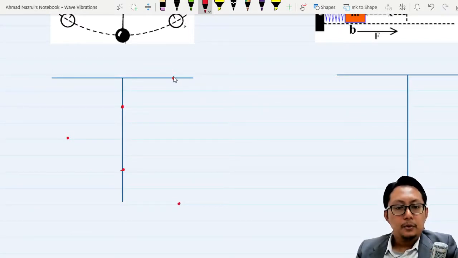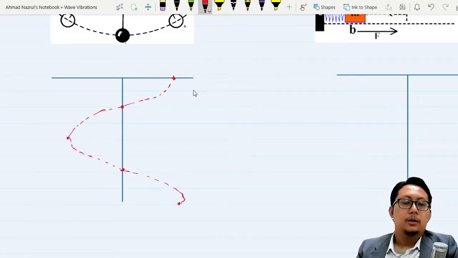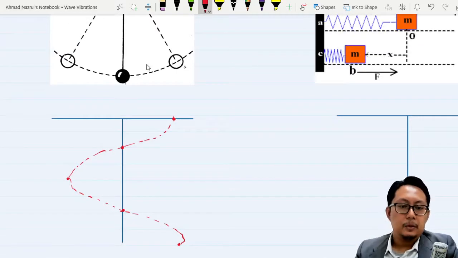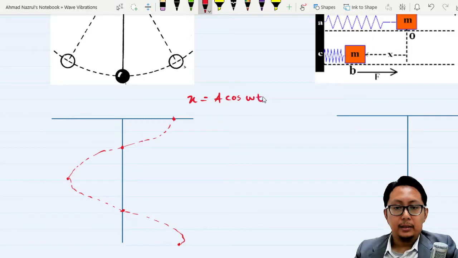So what we get here is a cosine graph. It will oscillate and continue until it stops. That's why we can use x is equal to A cos omega t, and the phase angle is equal to 0.